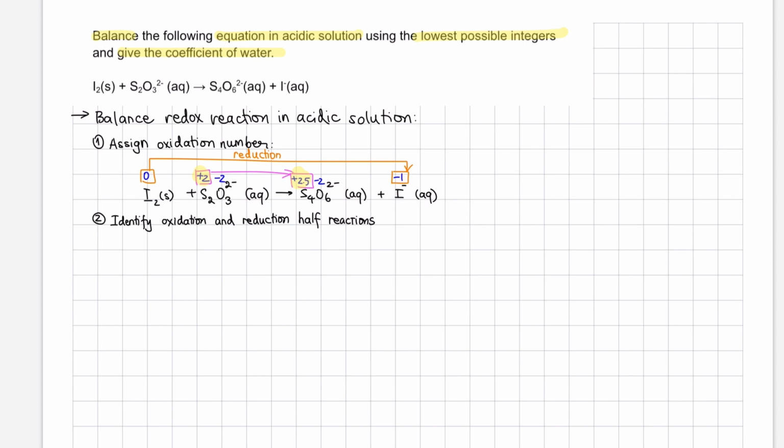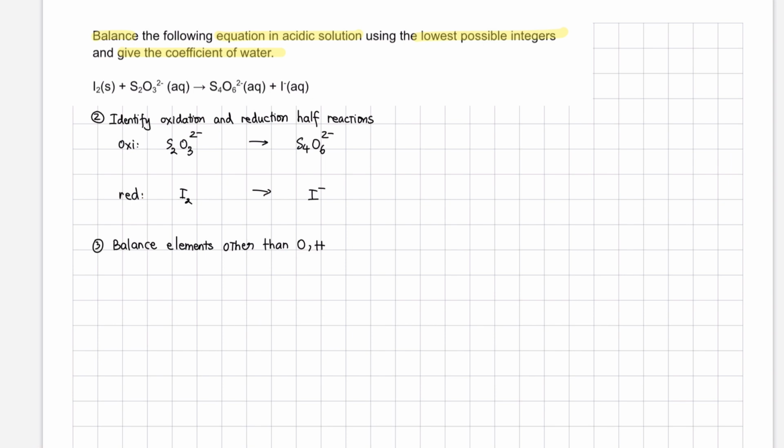That's an increase in oxidation number, so that's going to be the oxidation half reaction. Once we identify the two half reactions, let's write them down. The oxidation half is S2O3 2 minus becoming S4O6 2 minus. And for the reduction half reaction, that's I2 becoming I minus.